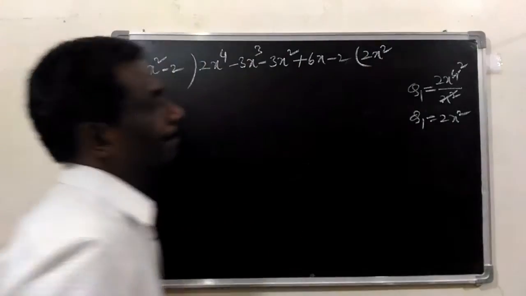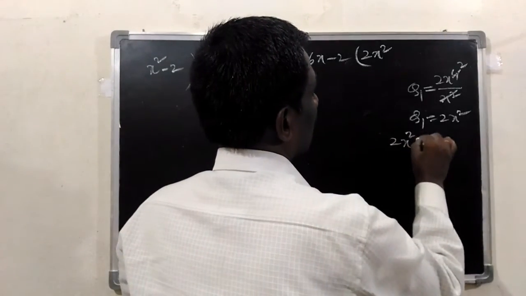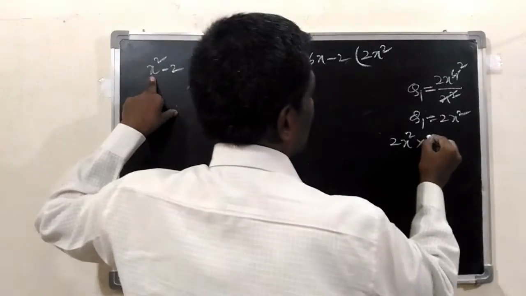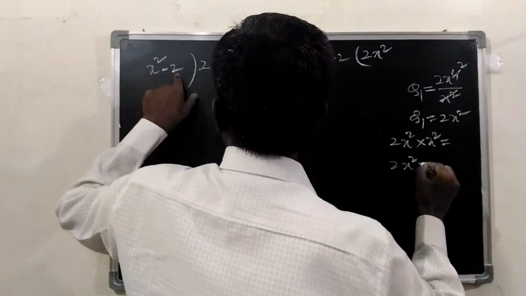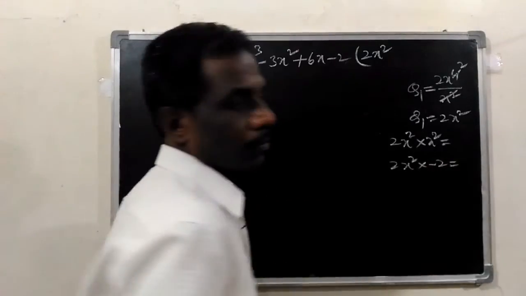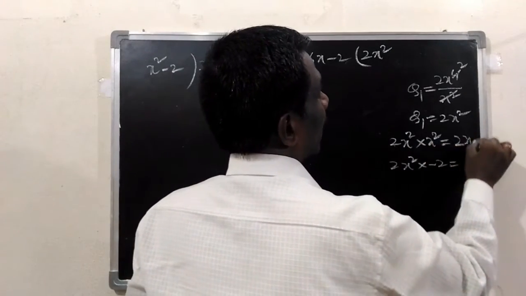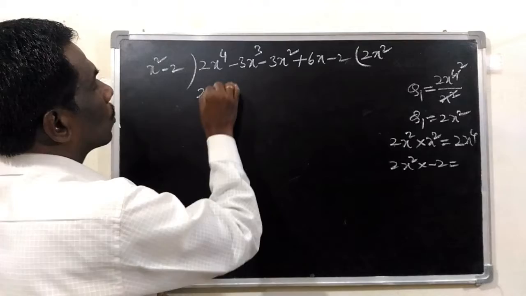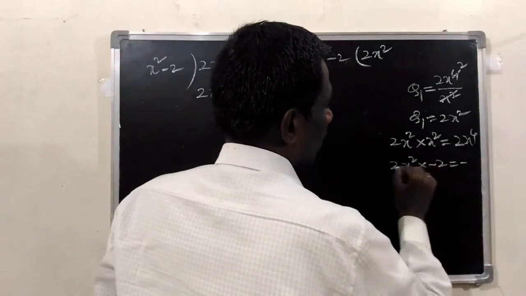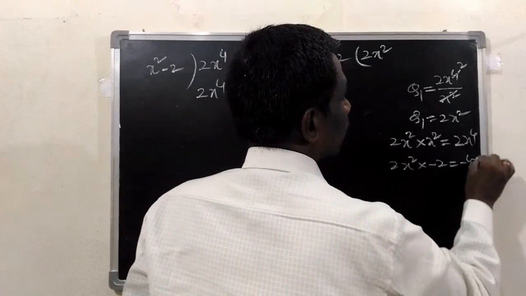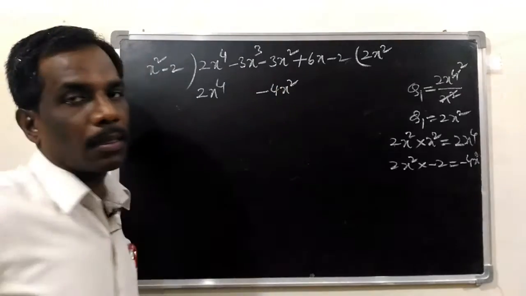2x square is multiplied with the first term of the divisor and also the second term of the divisor. So write 2 as it is. x square into x square is what? x power 4, 2x power 4. And plus into minus is minus, 2 times 2 is 4, so minus 4x square.